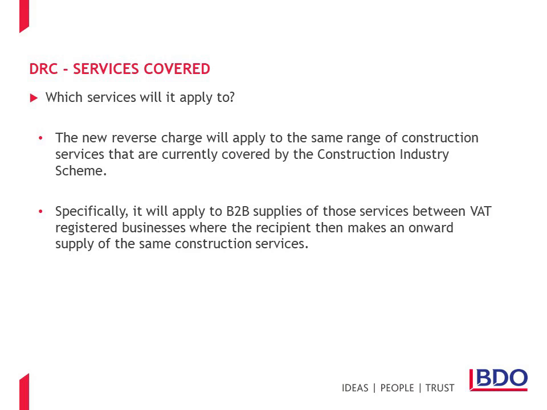Further, HMRC have stated that if there is doubt as to whether a type of work falls within the reverse charge scheme, as long as the recipient is VAT registered and the payments are subject to CIS, the reverse charge should apply. However, HMRC have also confirmed that reverse charge will not apply to employment businesses who supply construction staff.